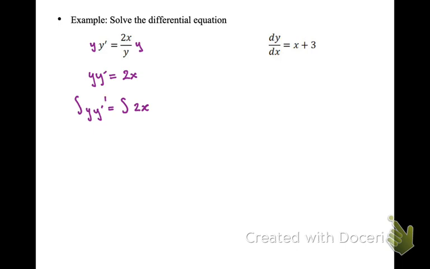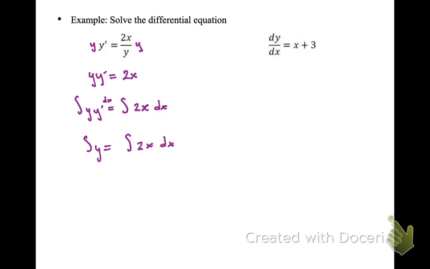Well, I should have a dx here, shouldn't I? So if I have y prime dx, that just gives me the integral of y equals the integral of 2x dx.